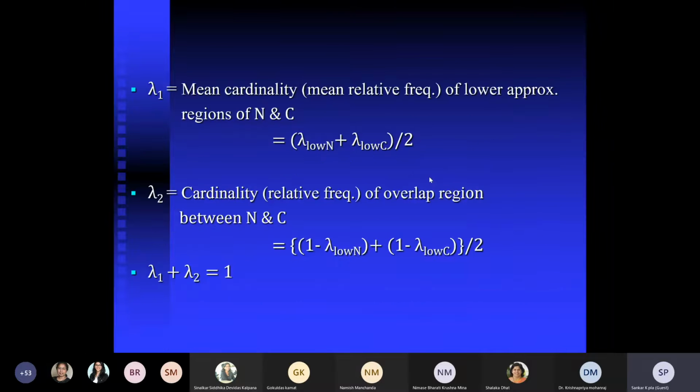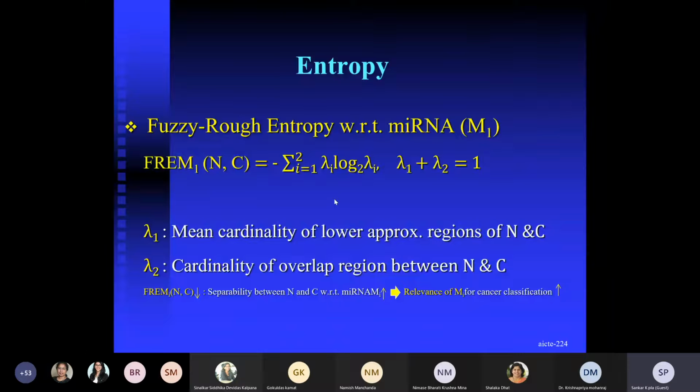Lambda 1 is the mean cardinality of the lower approximation region of normal and cancer, and lambda 2 is the cardinality of the overlapping region. That means this is the sure, and this is the doubtful one. Okay? So after having this, I compute lambda 1, the mean cardinality of the lower region, and lambda 2, the cardinality of the overlap region.